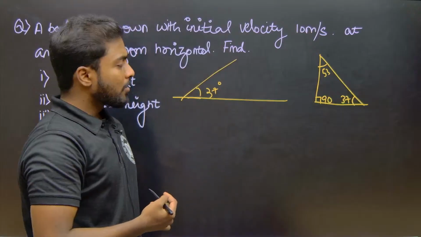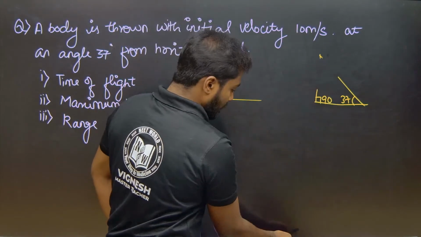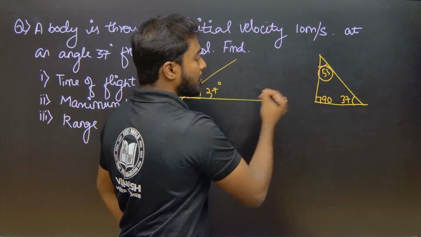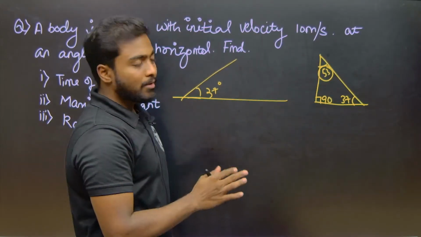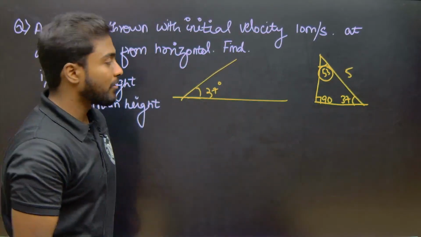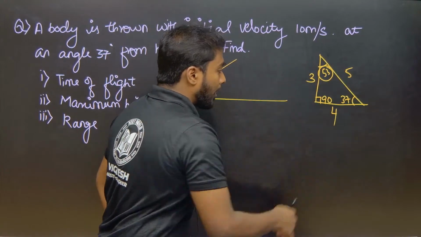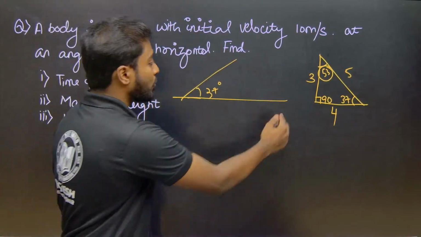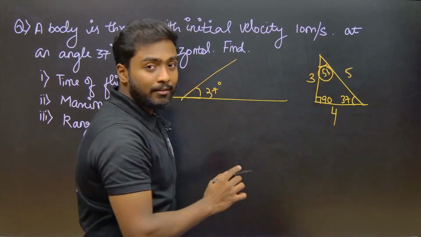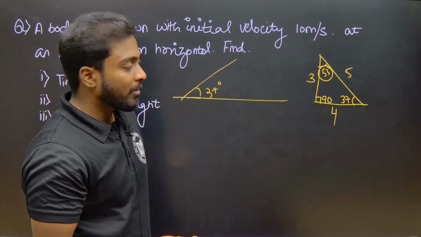For 53, the biggest number is 5. So take the biggest number, that is 5, as the hypotenuse, remaining that is 3 on the opposite side, and the other side is 4. So 3, 4, 5.